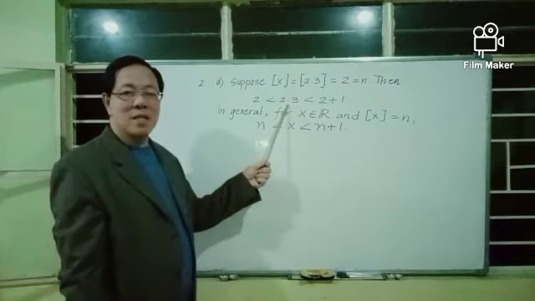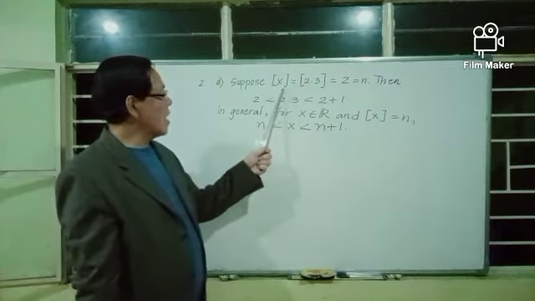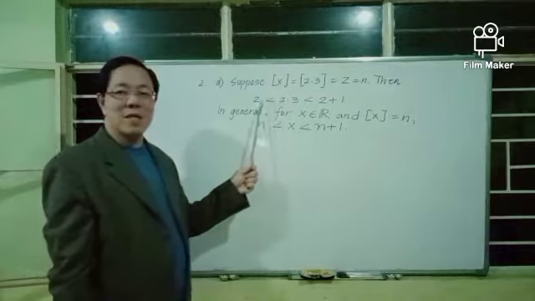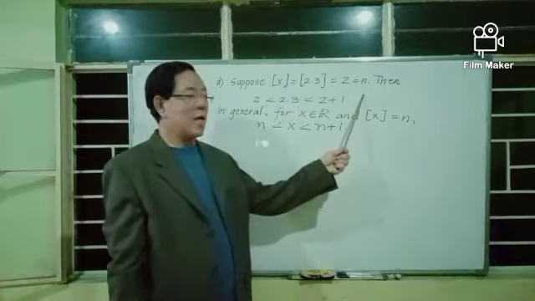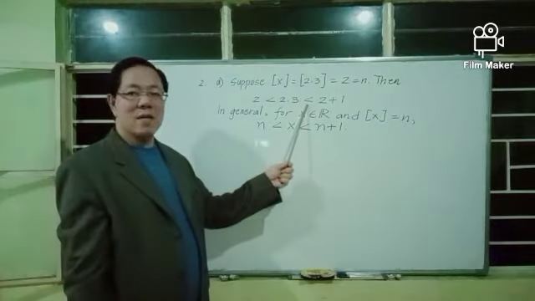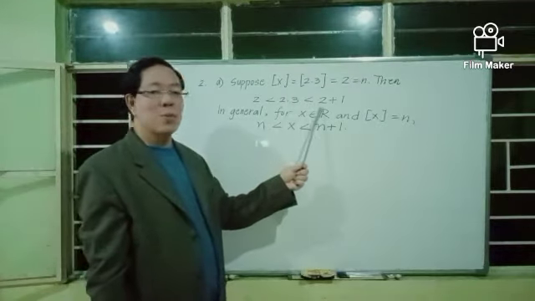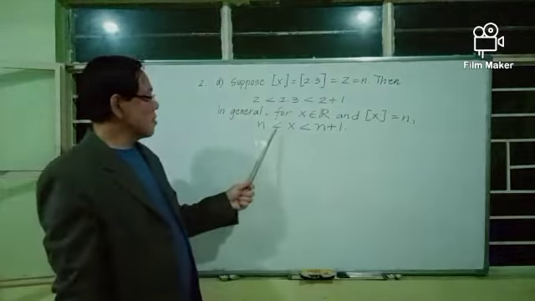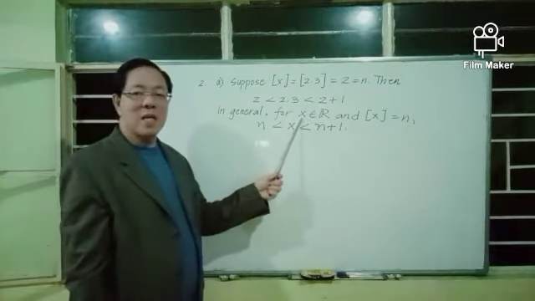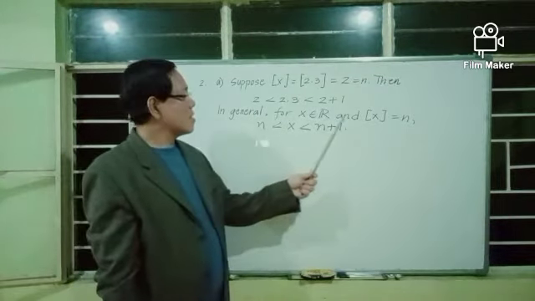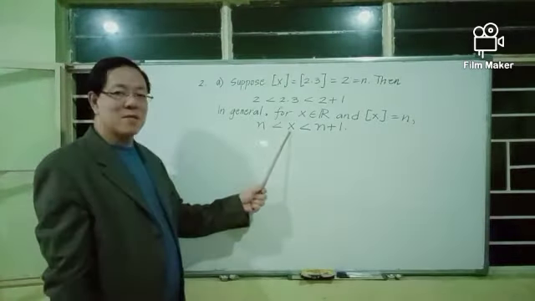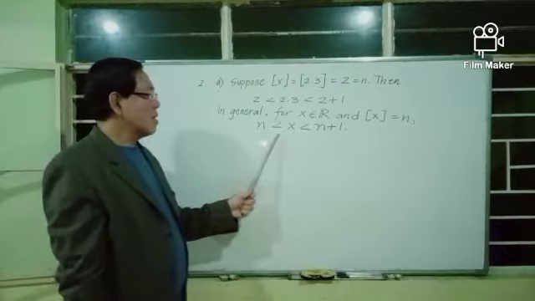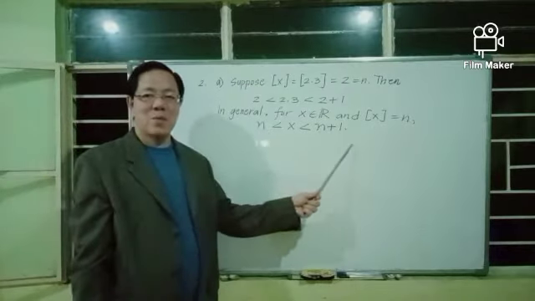We obtain this relation: 2.3 is greater than its floor 2, which is n, but less than its floor 2 plus 1. So in general, for any real number x such that the floor of x is equal to n, x is greater than n but less than n plus 1.